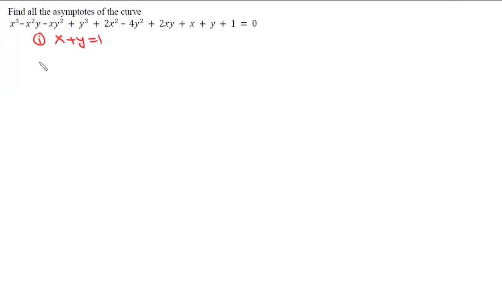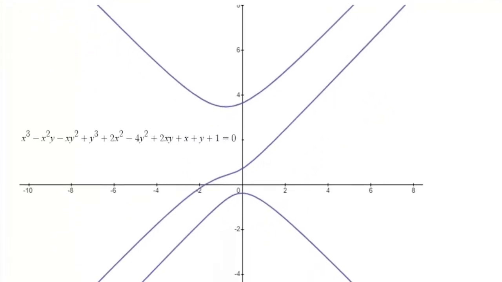So for this curve, we have three asymptotes: x plus y equals 1, y equals x plus 3 plus under root 5 by 2, and this third one is y equals x plus 3 minus under root 5 by 2. Now if we look at the graph of this curve in Desmos, it looks like this.